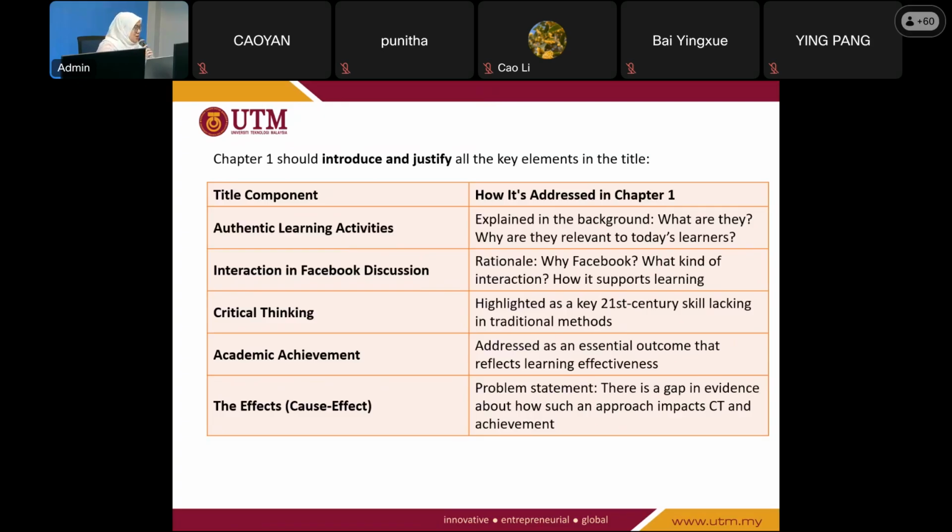Why don't they understand? Because you are discussing problem A, but the solution or objective that you want to solve is problem B. So it is different. You are discussing the low motivation, you are discussing the low collaborative activity, and suddenly in the objective you are not solving this problem.